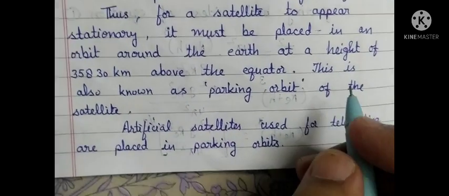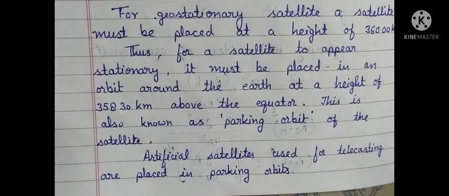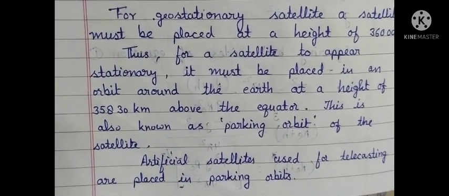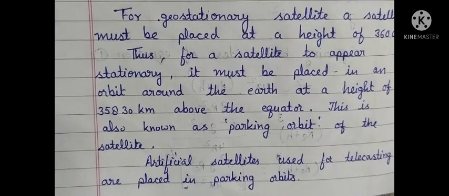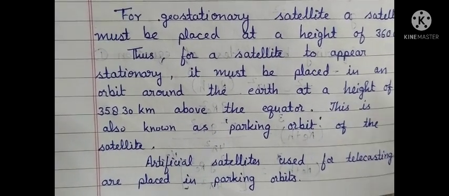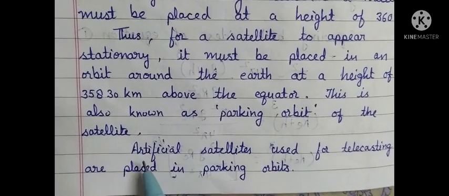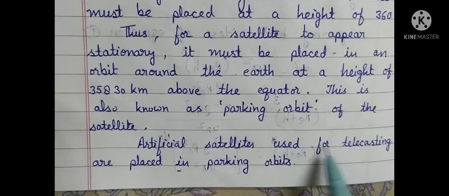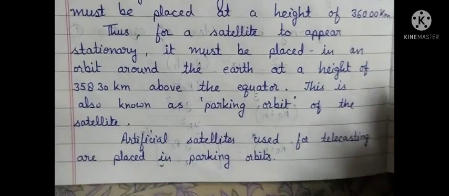It appears that the satellite is parked because it is stationary with respect to a specific place over Earth. So artificial satellites used for telecasting are placed in parking orbits.